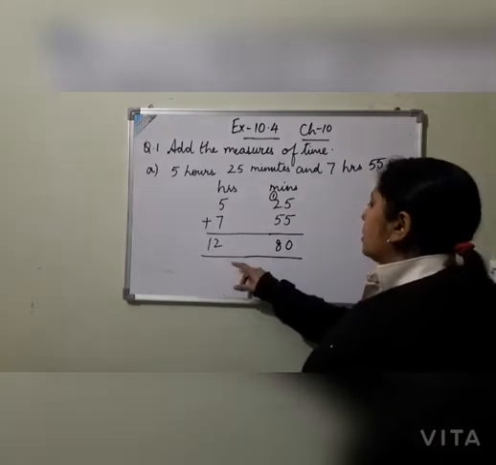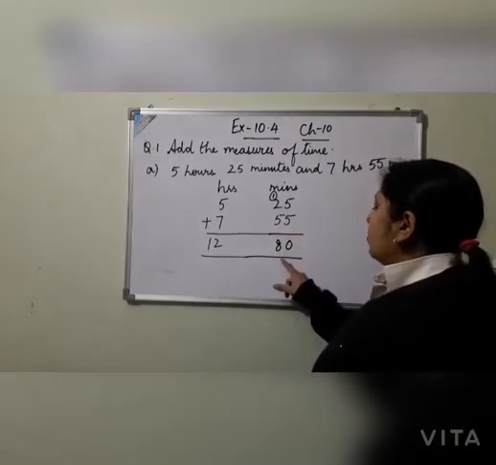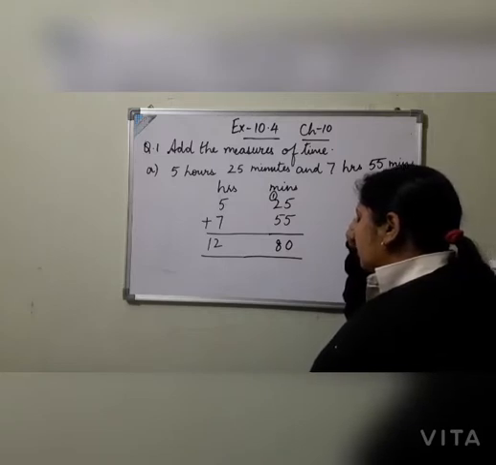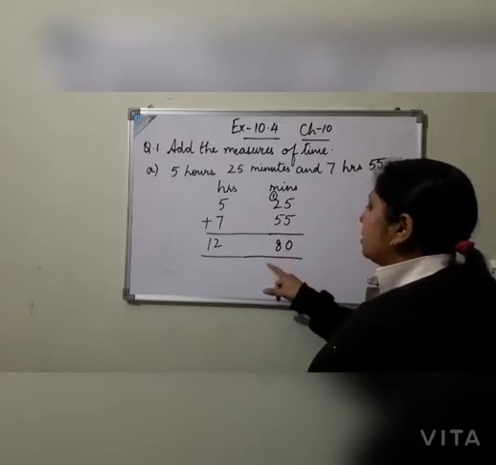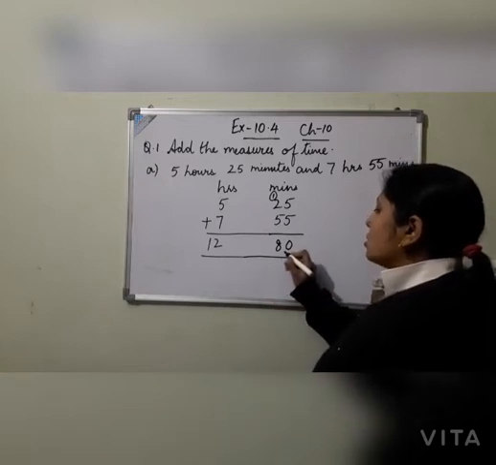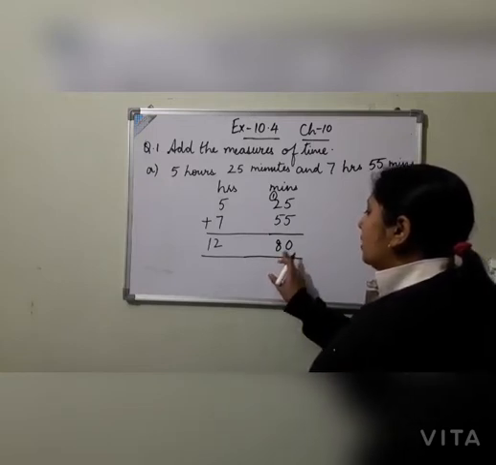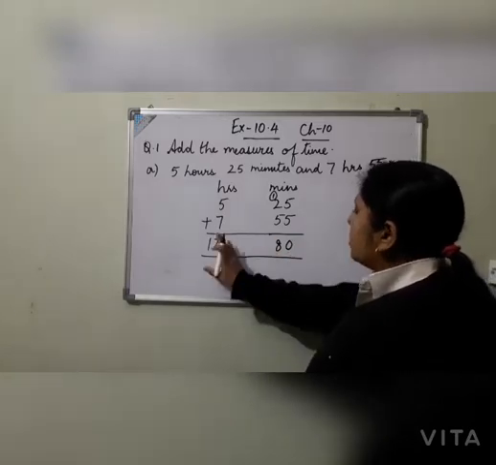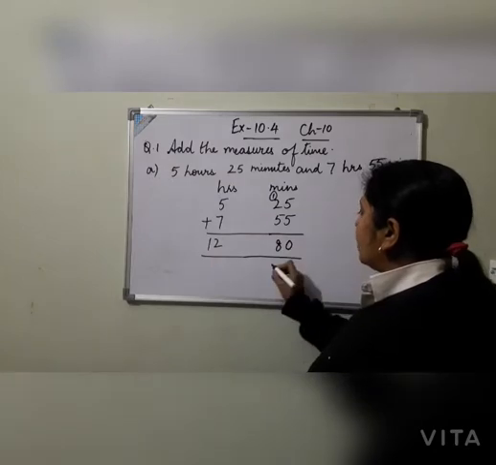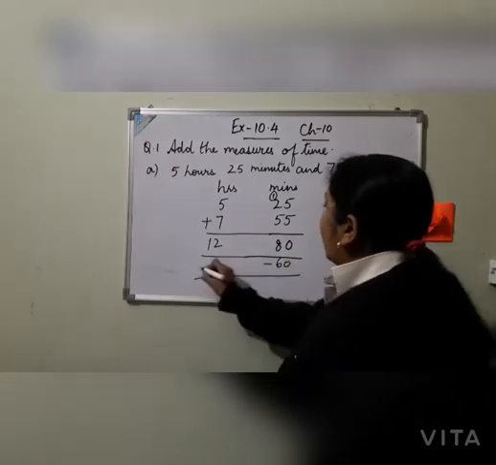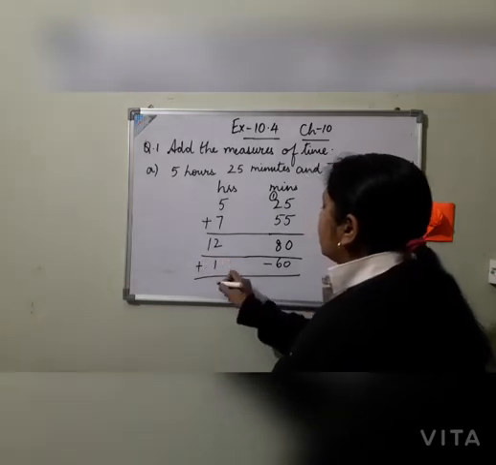Now students, when your minutes column exceeds 60 minutes, that is, once 60 minutes are over, it is turned into 1 hour. 60 minutes is turned into 1 hour. So here it is 80 minutes. So we have to shift the 60 minutes to the hours column, that is, subtract 60 from here and add 1 to the hour column.